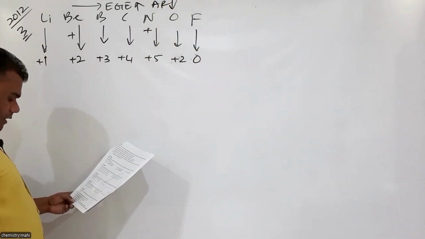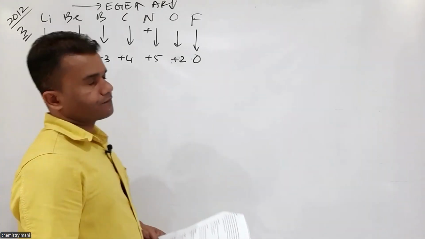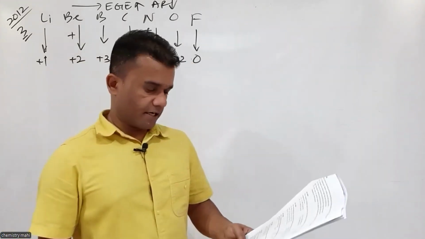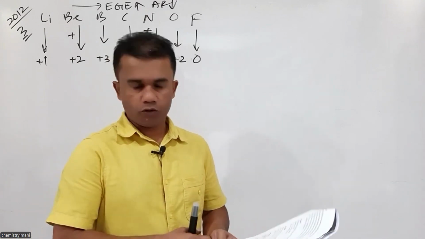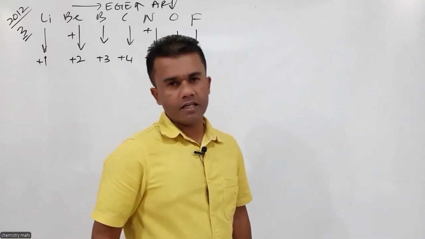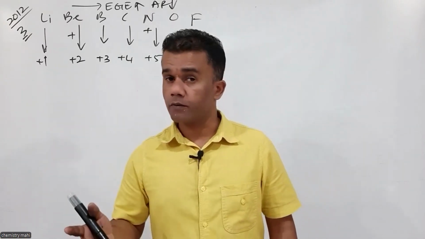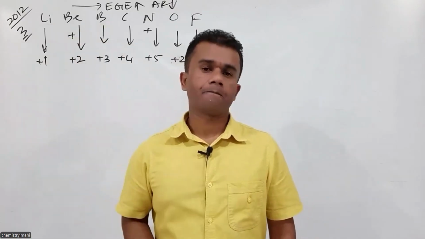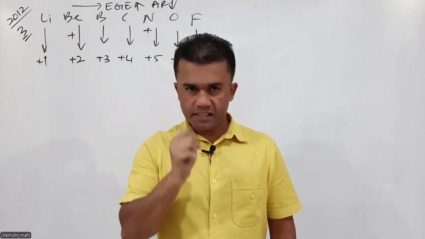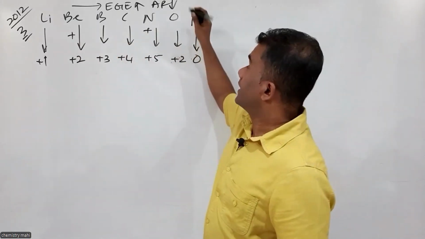Ability to form cation and to act as a reducing agent decreases from lithium to fluorine. Here, sometimes you can't understand because the reducing agent part will be discussed in the calculation section. Ability to form cation: how do we make a cation, by adding an electron or removing an electron? Removing an electron. Removing an electron is easy if the ionization energy is low. From here to here, what happens to ionization energy?